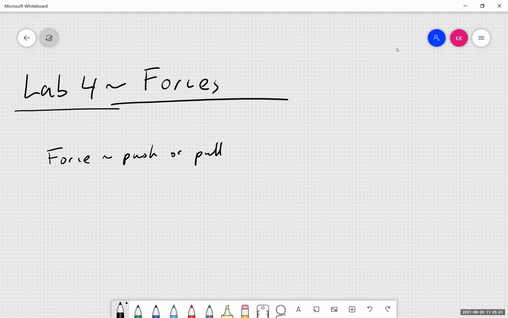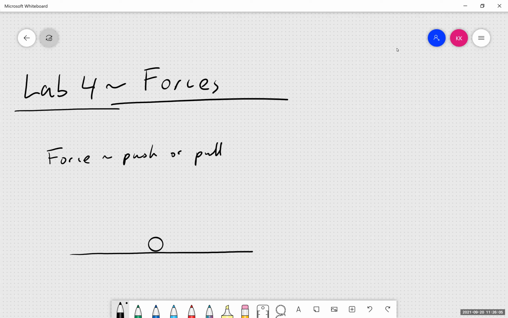So for example, let's say you have an object on a flat surface. If this object is sitting there on the flat surface, let's say a ball, think of a tennis ball or maybe a ping pong ball, sitting on the ground without moving, that doesn't necessarily mean there are no forces acting on it.